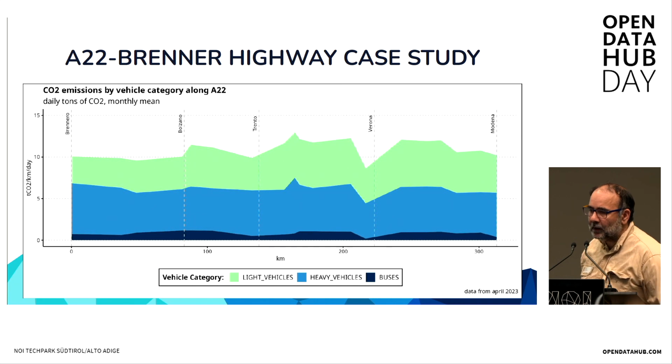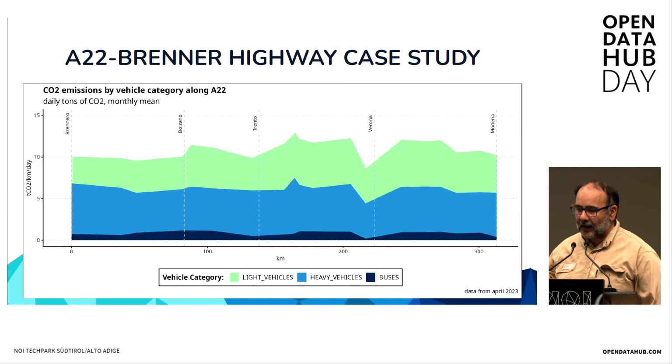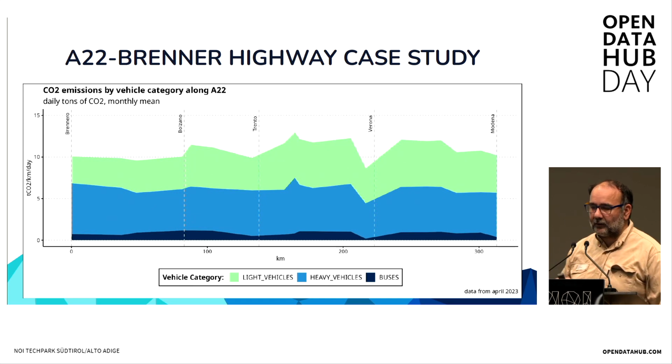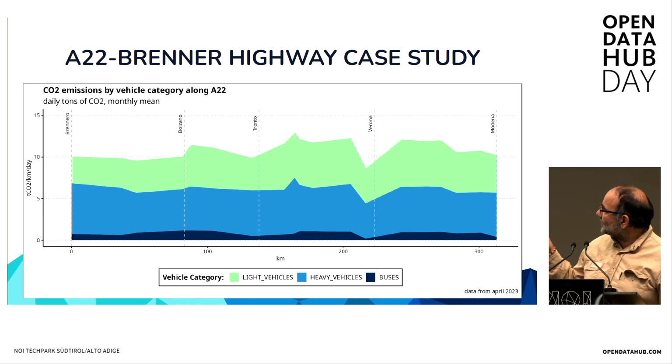Some examples. Here we have the CO2 emission by vehicle category along A22. This is an example of April 2023, and this is all the stretch from Brennero on the link to Modena.